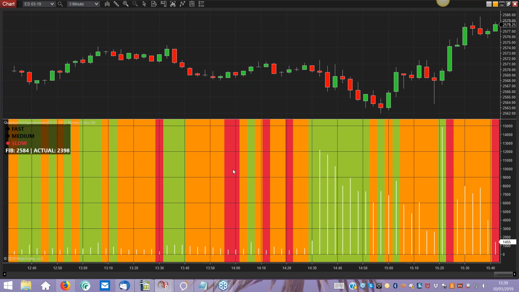And where you get these red phases of price action, that's where activity is very, very low. And you expect to see the market in congestion, not going anywhere, because the tick activity isn't there to drive it. So it's a very simple sort of traffic light system, which gives you a heads up instantly as to whether you're seeing well above average tick activity, whether you're seeing average tick activity, or whether you're seeing below average tick activity.